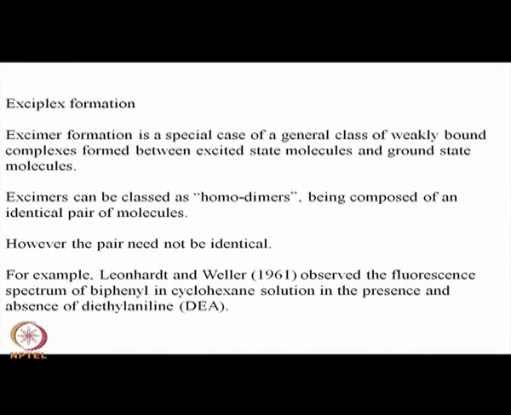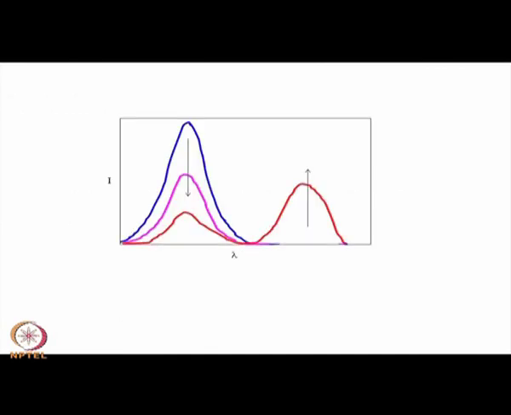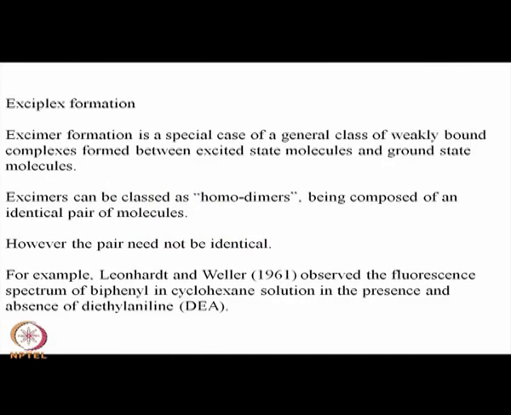Excimer or exciplex, whatever you say, excimer formation is a special case of the general class of weakly bound complexes between an excited state molecule and a ground state molecule. Exciplex is similar to the term excimer. It is a heterodimer, basically a heteroexcimer.